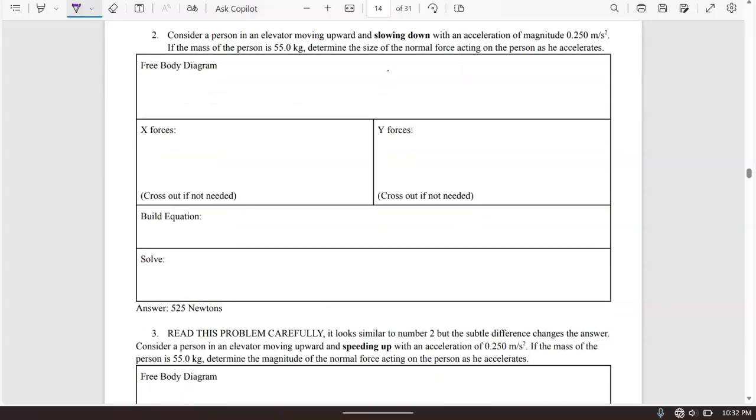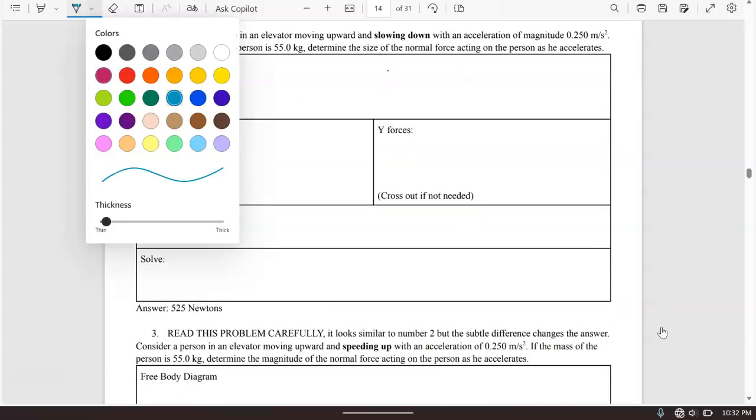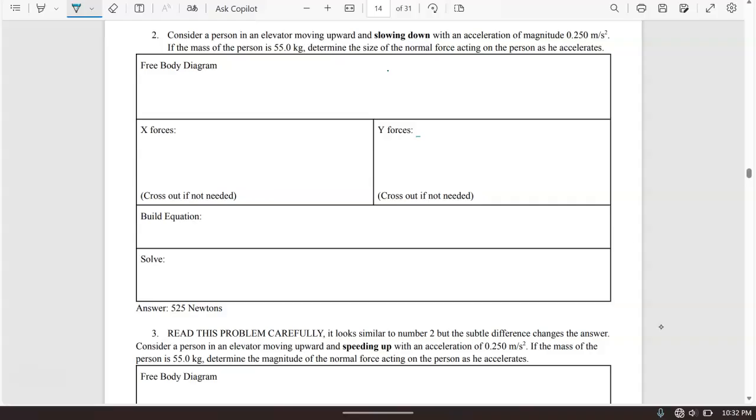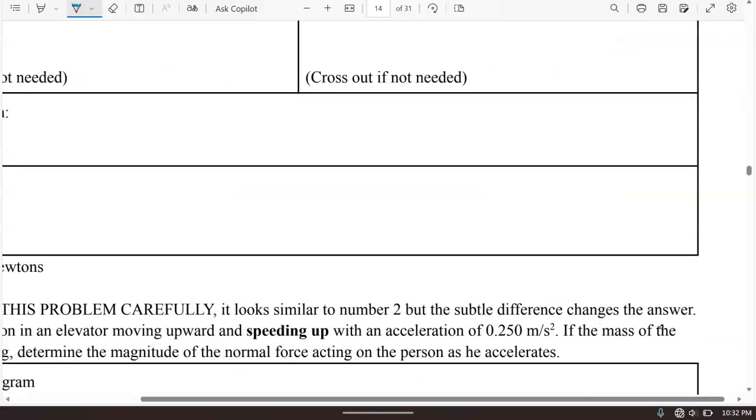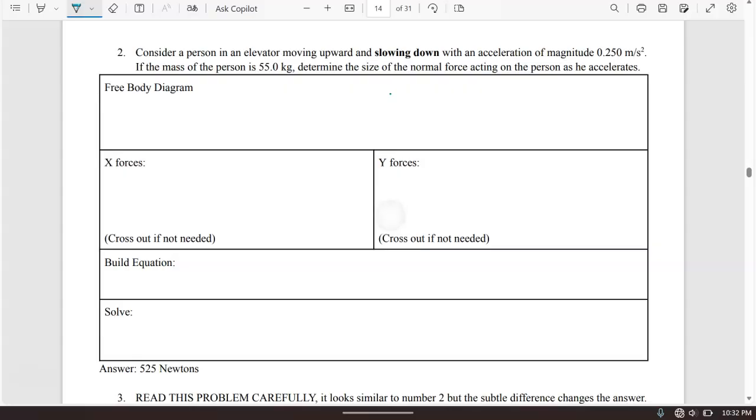So we have a person in an elevator. These elevator problems are going to be pretty unique because a person in an elevator actually acts differently, or you see different forces than you would see on an elevator. If we were looking at the elevator itself, that upward force would be tension, but here we're looking at the person. So that upward force is going to be that normal force pushing up on them from the floor.